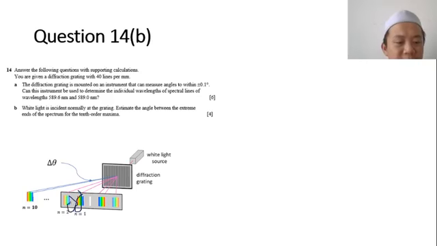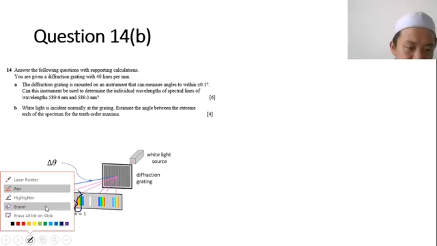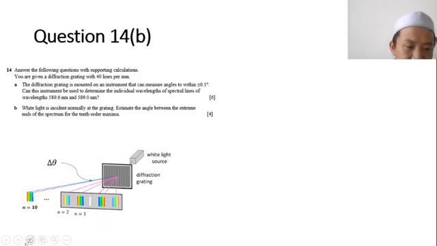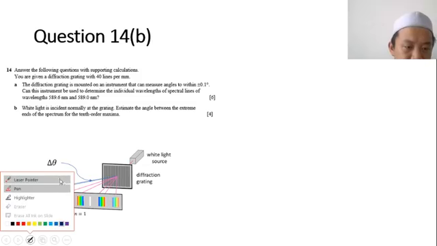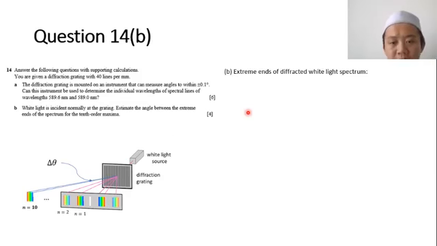Extreme ends of the diffracted white light spectrum. So it says estimate the angle between the extreme ends of the spectrum for the 10th order maxima.